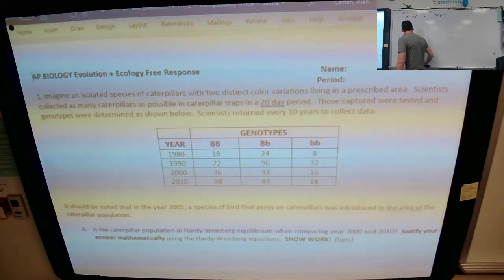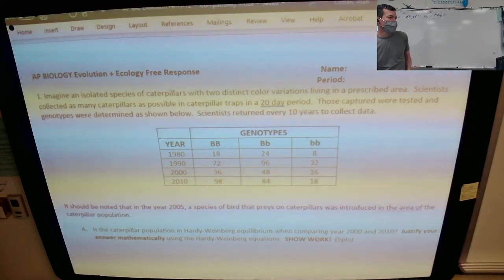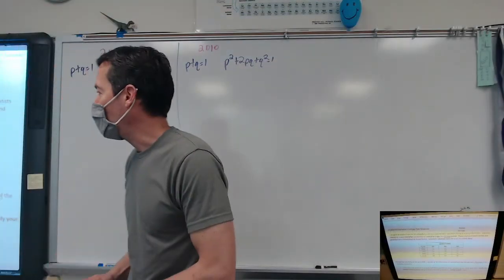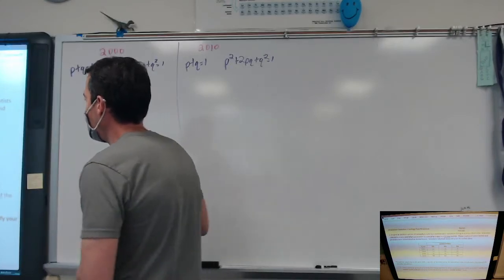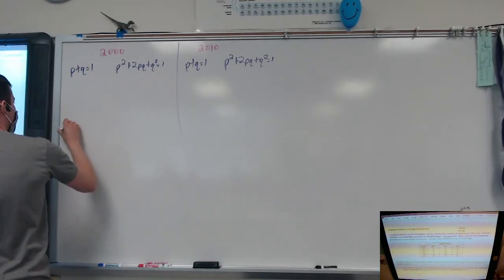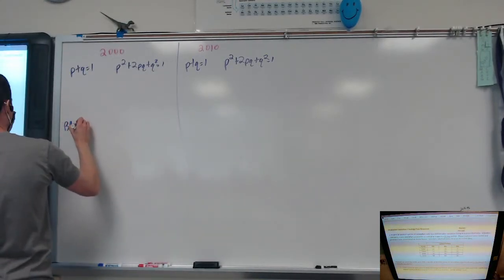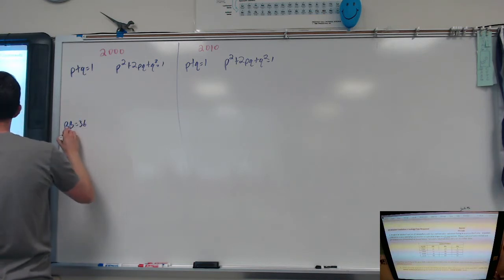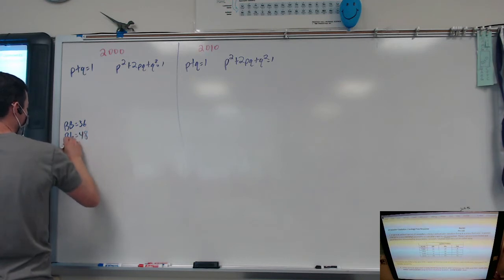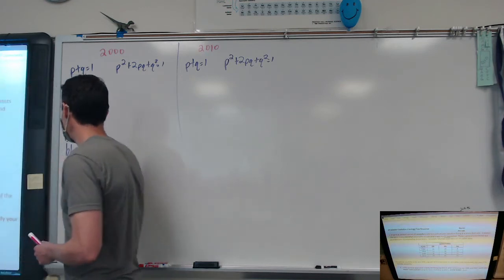Let me prove it to you with some math. In the year 2000, big B, big B was 36, big B, little b was 48, and little b, little b was 16.